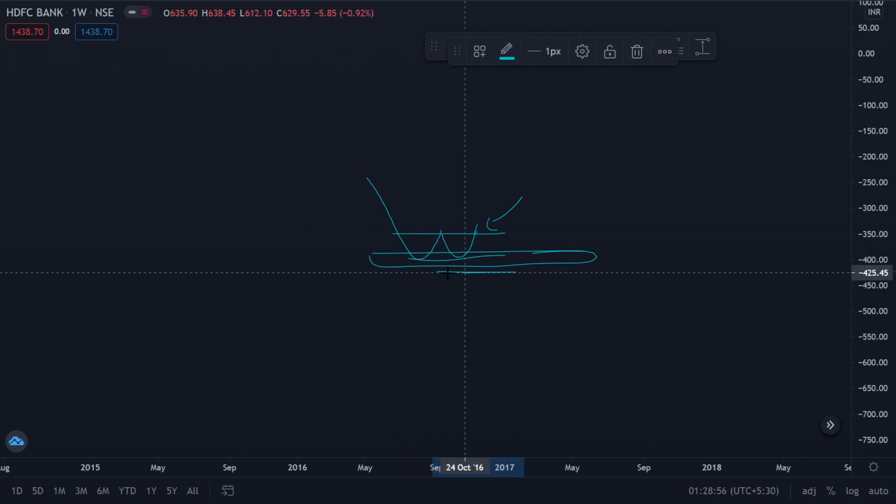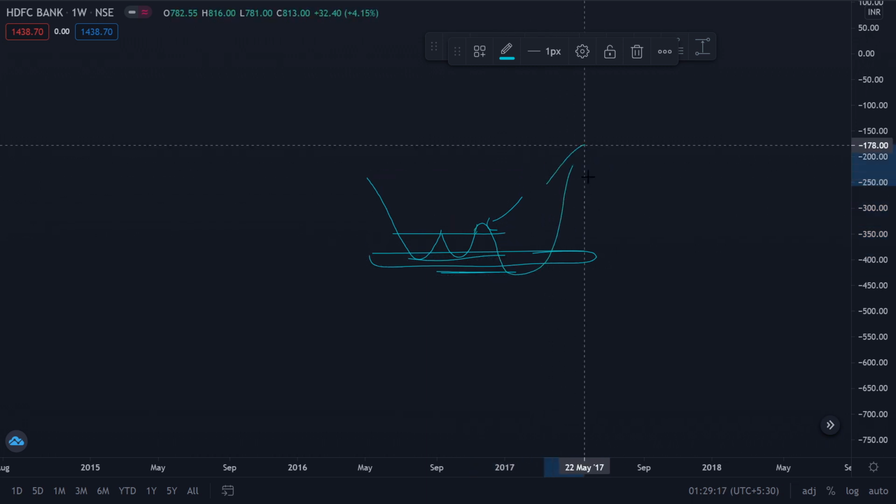You would give some space to the price to move, and that is where you would place your stop loss. But what happens very frequently is that even after giving a breakout, the fake breakout turns back in, comes within your range, hits your stop loss, and then immediately reverses and goes up.